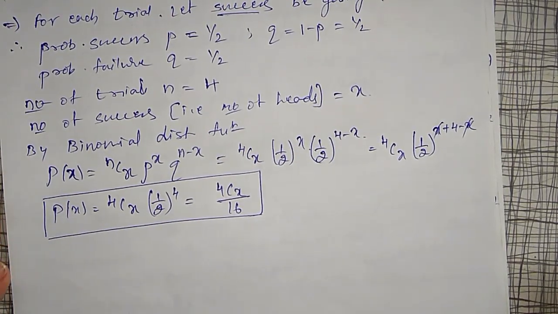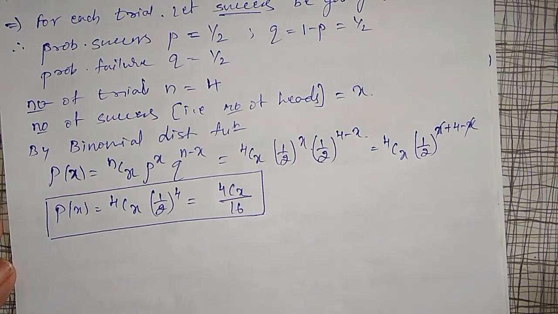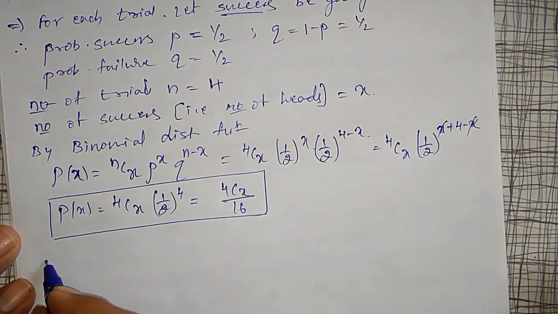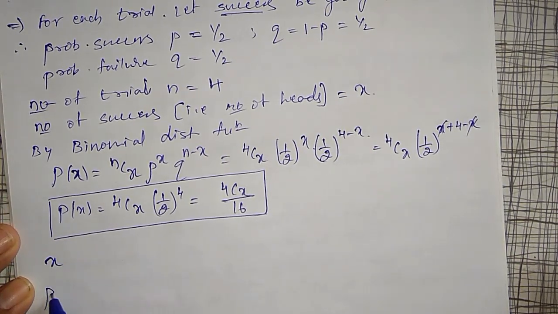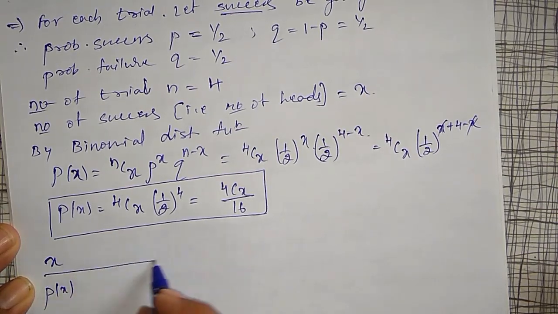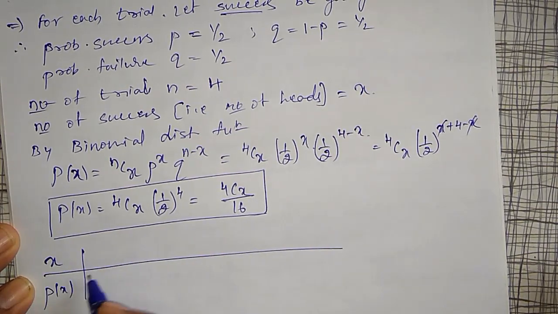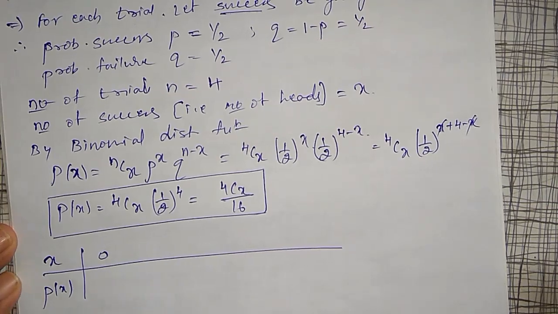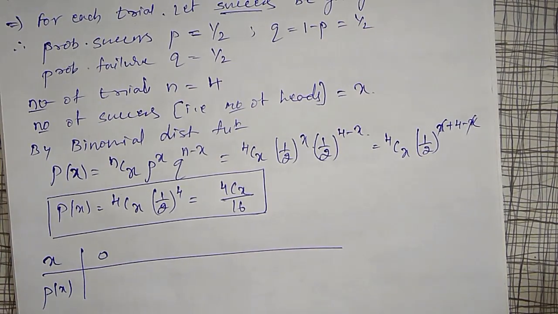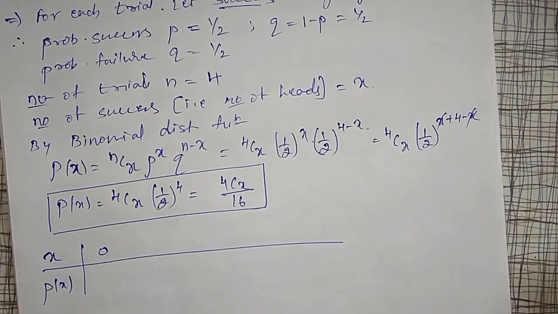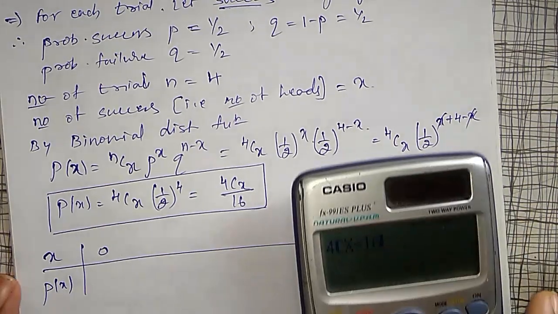Okay, using this I'll form the distribution now. Here x is the number of successes, and its probability. The number of successes, that is the number of heads, 0 may be there, therefore its probability is given by, we can calculate using the calculator here.